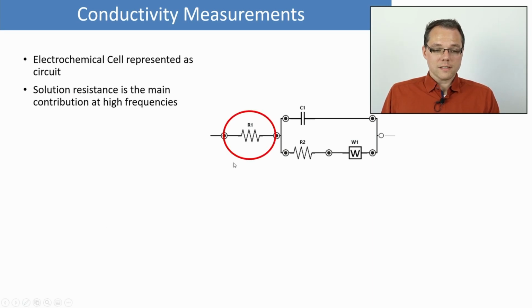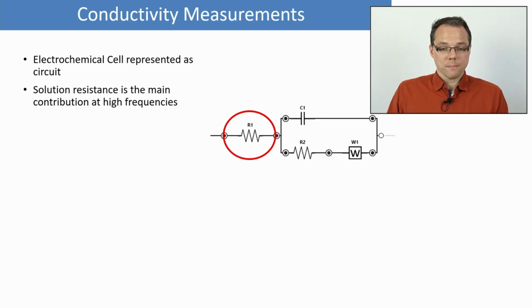The solution resistance is the one in the right circle, this resistor. At high frequencies, most of the current will go through the capacitor, because a capacitor has a very low impedance at high frequencies, so most of the current will go through this resistor R1 and through the capacitor C1 that basically has no contribution to the impedance.